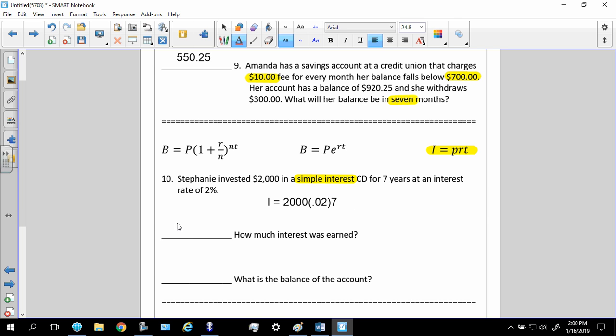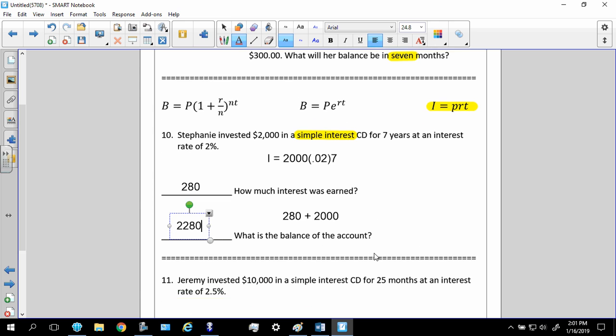When I do the math, how much interest was earned? 280 bucks. Now the question is, what is the balance? Well, he made $280, and he started with $2,000. So when you add that up, 2,280 bucks is how much the bank account's worth now.